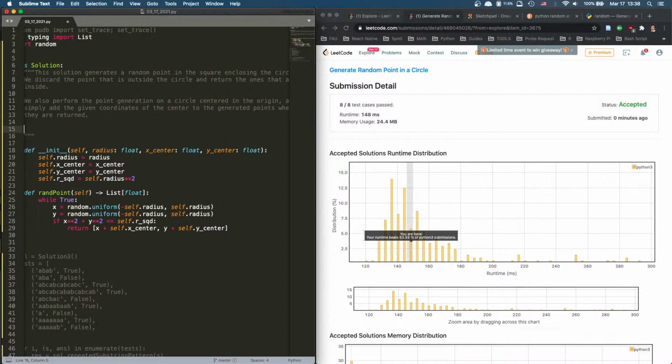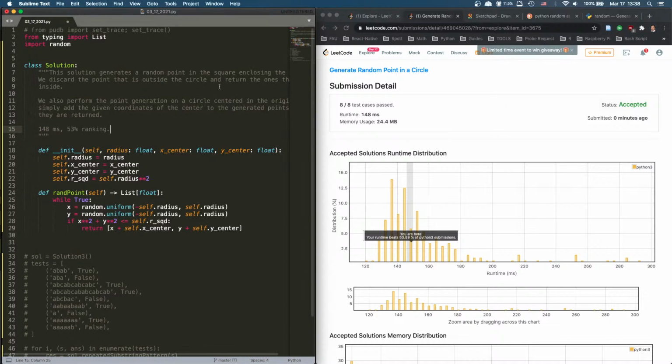So we just say it's running 148 milliseconds with a 53% ranking. All right, so that's that.